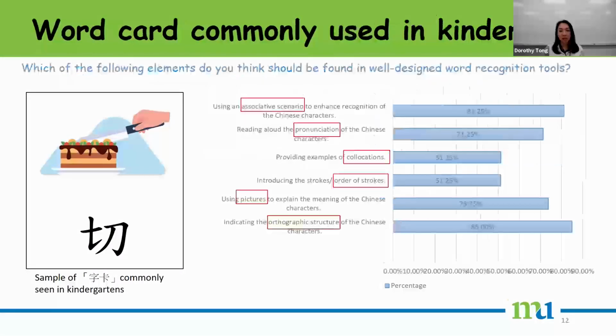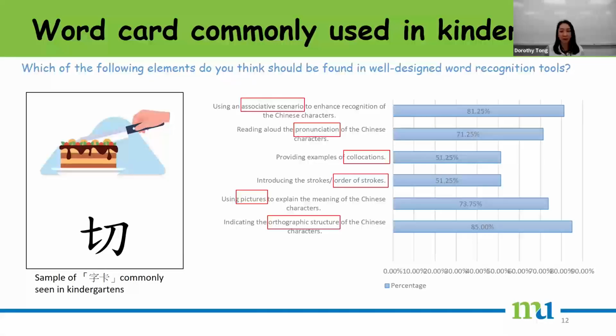Okay, and then we followed up by asking about some elements. We suggested some elements that those early childhood education practitioners think should be found in well-designed word recognition tools.